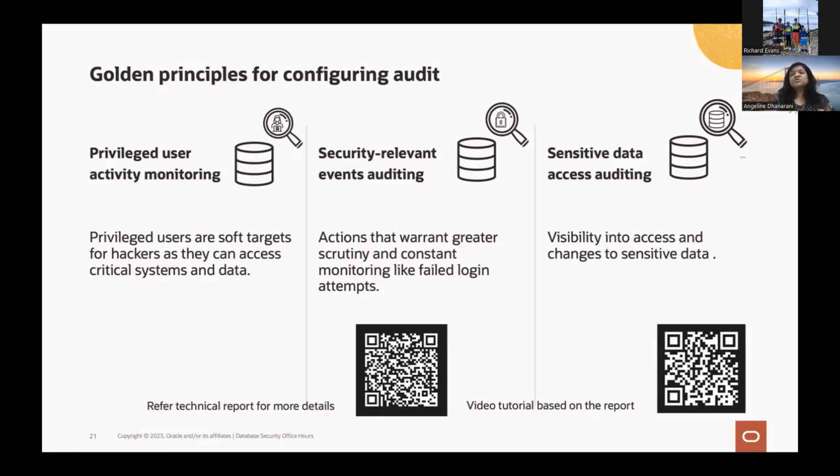Those are things which you would always want to monitor for any abnormal patterns. And sensitive data access, of course, because sensitive data are the crown jewels the hackers are after. So the visibility into who is accessing and what changes are being done on the sensitive data, especially when it comes outside the trusted application path, is something you might always want to audit.